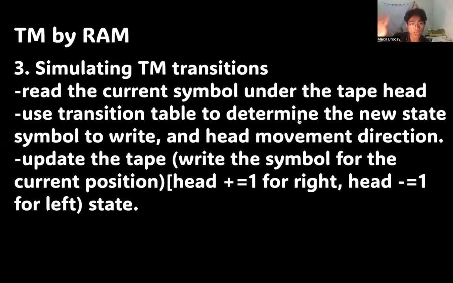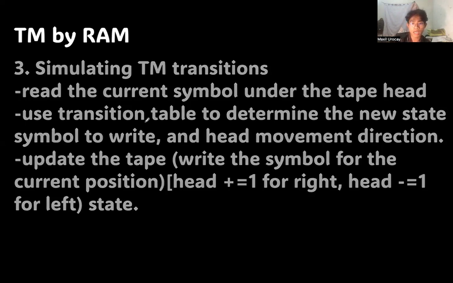It could be +1 or -1 for left. That is how it works here in the Turing machine represented by the RAM model. So let's try to work on that later on.